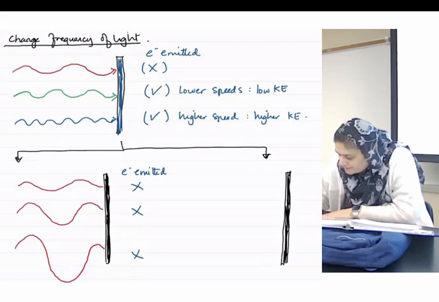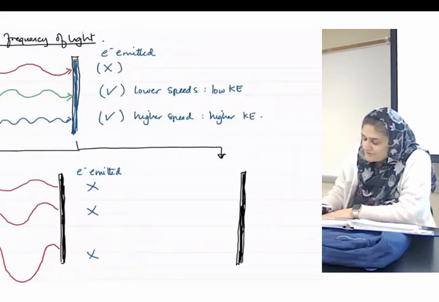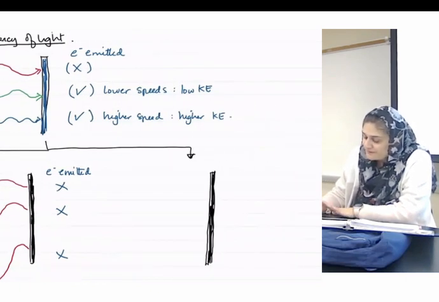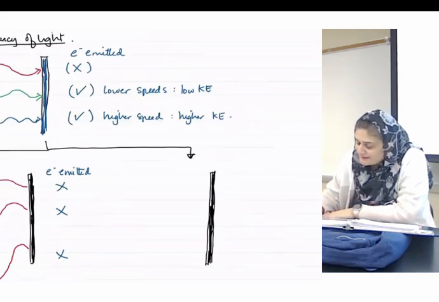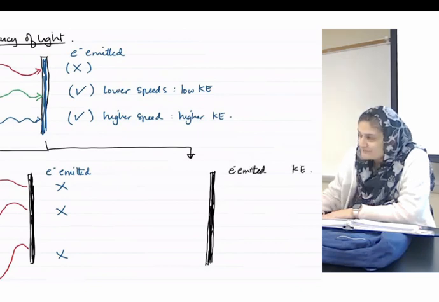What do you predict will happen? What will happen to its kinetic energy? Hold on, don't say it. So first of all, let's see whether the electrons were emitted or not. And then we'll see what happens to its kinetic energy.